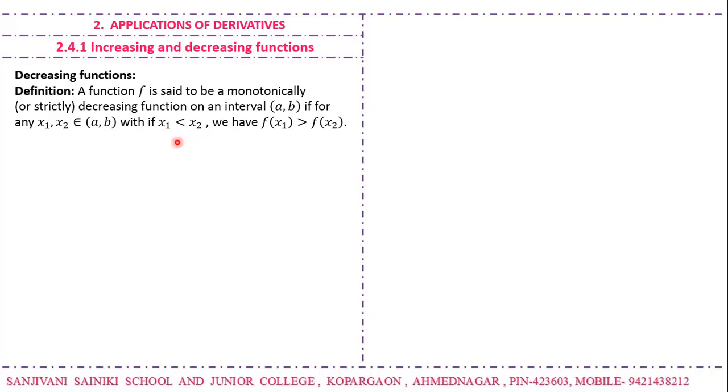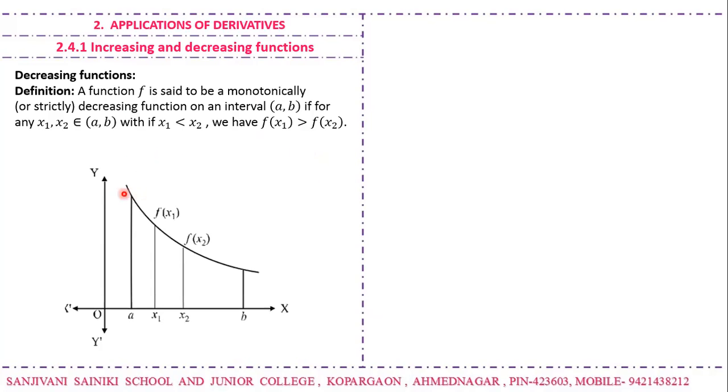Whenever x1 is less than x2, f of x1 is greater than f of x2. So this is different from the increasing function. Here x1 is less than x2 clearly, but f of x1 is greater than f of x2. So in that case, it is clear that the function is decreasing.